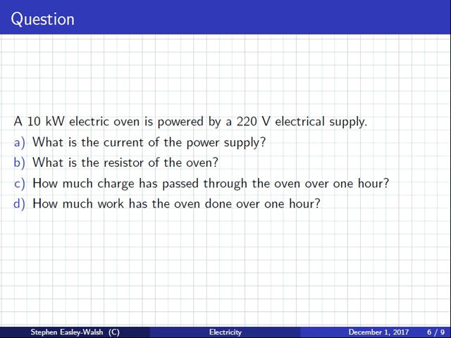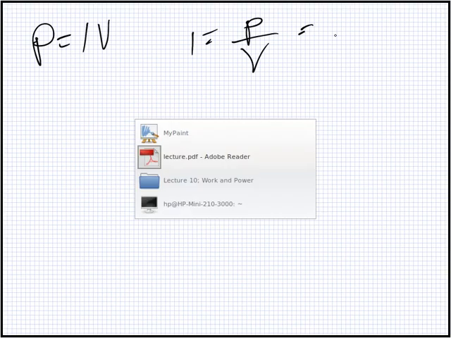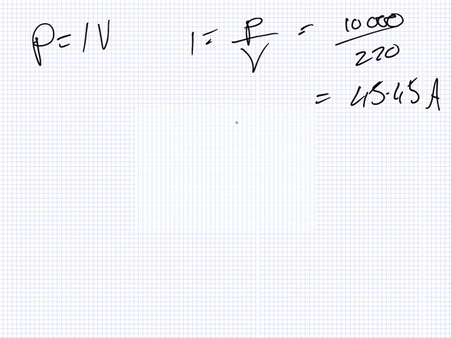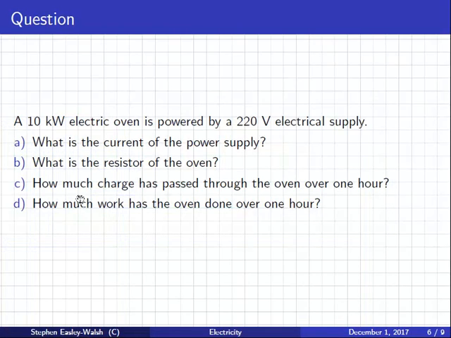What answer did you get? 45.45, or 45.5. So if P equals IV, then I equals P over V, which is 10,000 over 220, which is 45.45 amps. Right, what is the resistance?